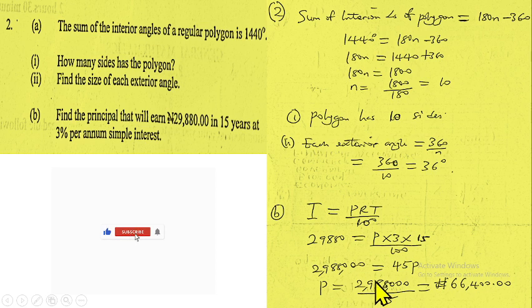So that means the principal that was saved for 15 years at this rate, that earned this interest, is 66,400 naira. So that's the solution for question number 2 as well. And we also have 8 marks for this question.